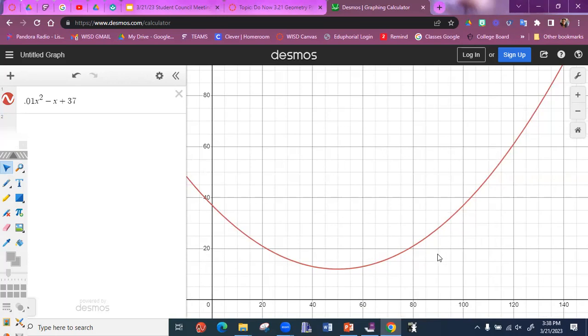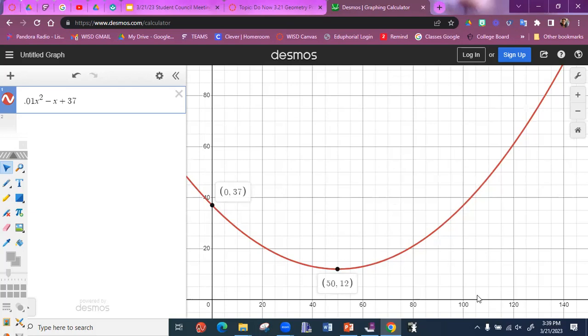Okay. So your domain and range for real world events typically take place in quadrant 1. So when we're asking for the domain and range, we're talking about the domain and range for this particular real world problem. So in quadrant 1, what is the domain?